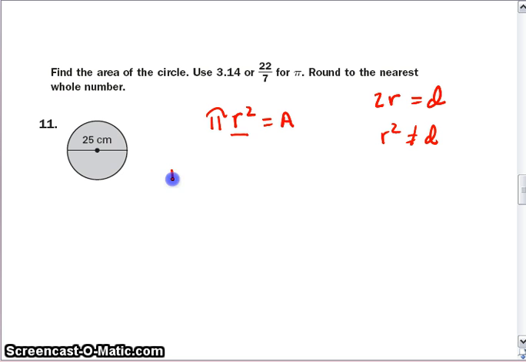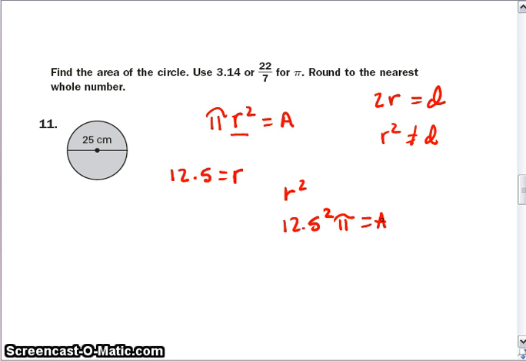That would give us 12.5 equals our radius. So now we can take radius squared, or 12.5 squared, pi, and that should give us the area of our circle.